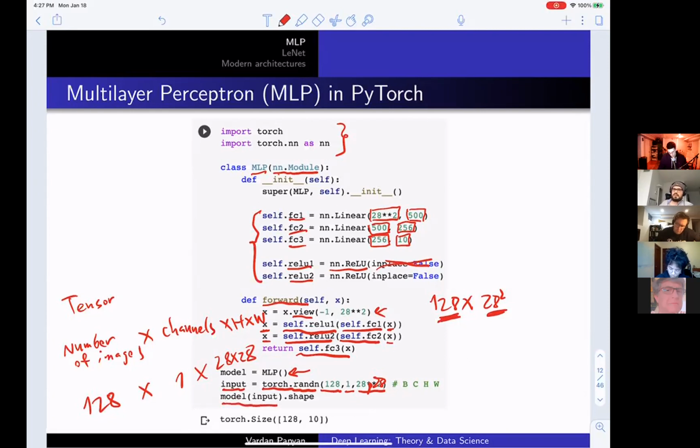Now, what do we expect the shape to be? So if you took 128 images and you passed them through the network, what would the output be? I guess it's written at the bottom, but maybe we can cover it and think to ourselves.